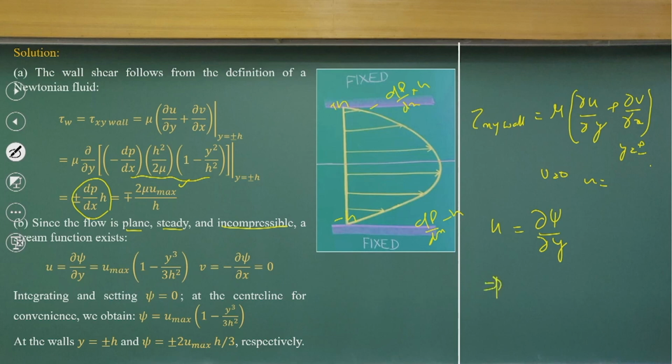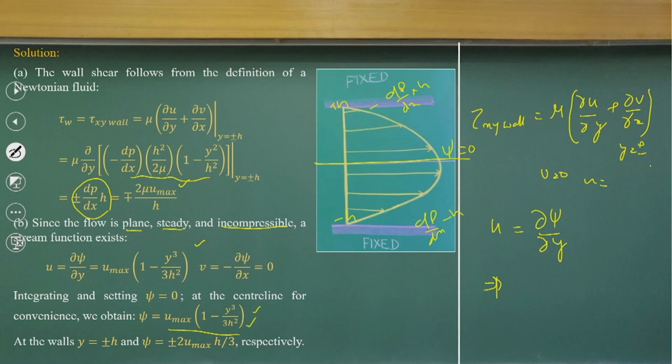Just integrate u, then you will get the function in terms of u max, setting psi equal to 0 at the center line. You can integrate it to finally get these functions.